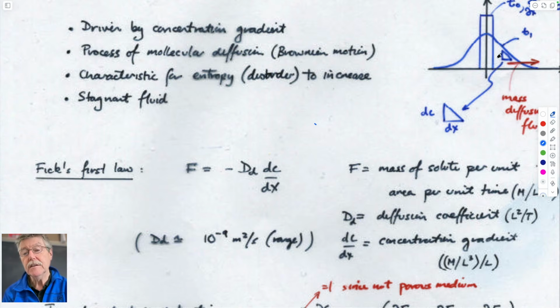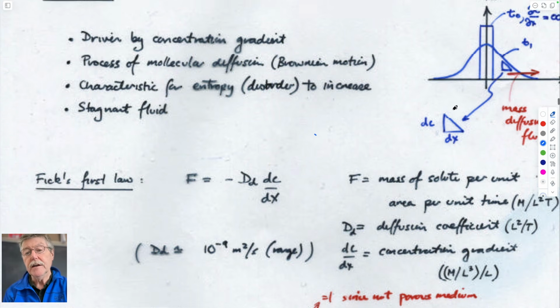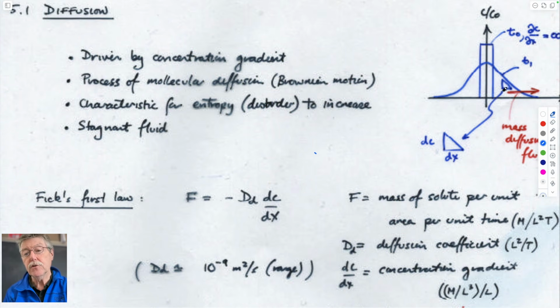Okay. So this is it. Diffusion, we already said this. Nature abhors gradients and wants to get rid of them. It likes to reduce the concentration gradient by flattening it out, by transporting it. High concentration drives a large mass flux.